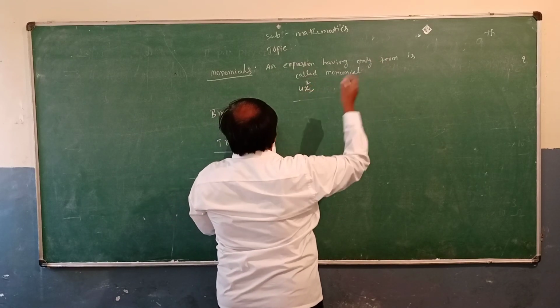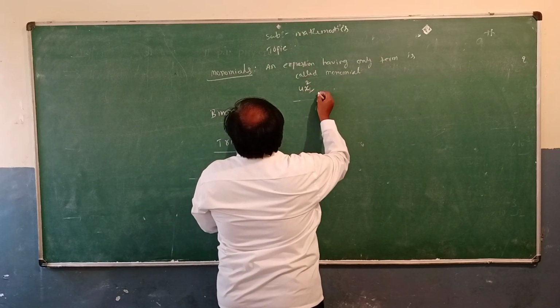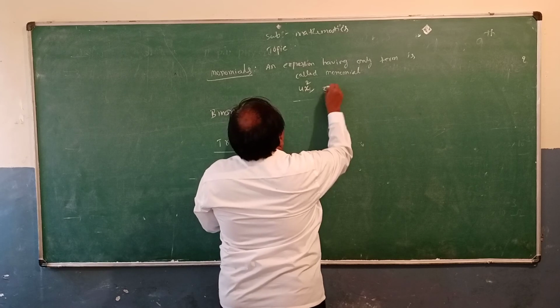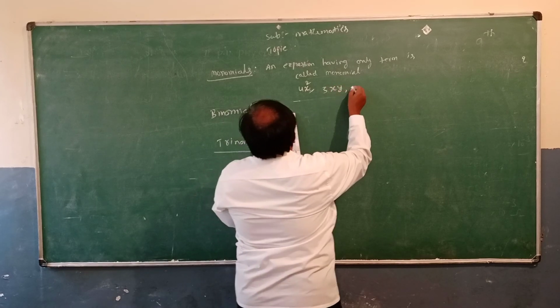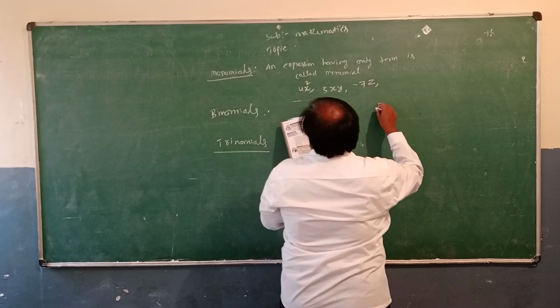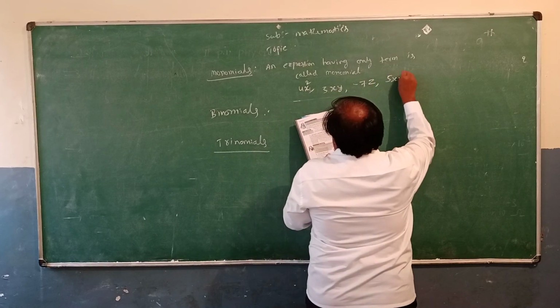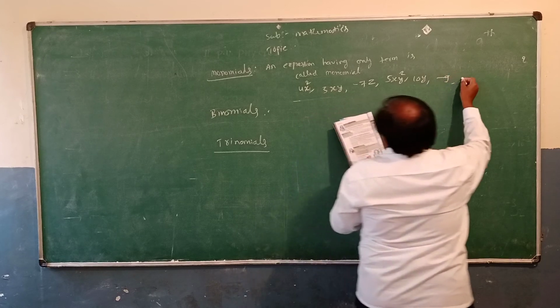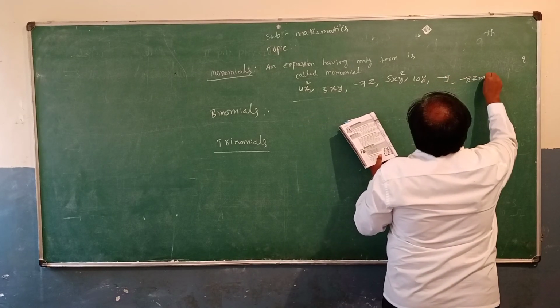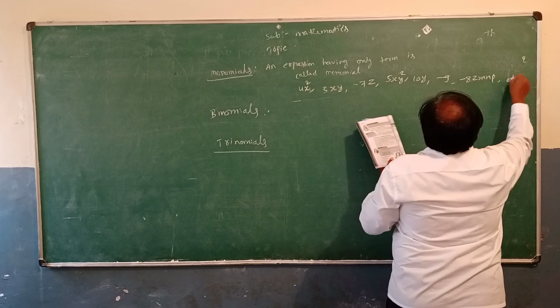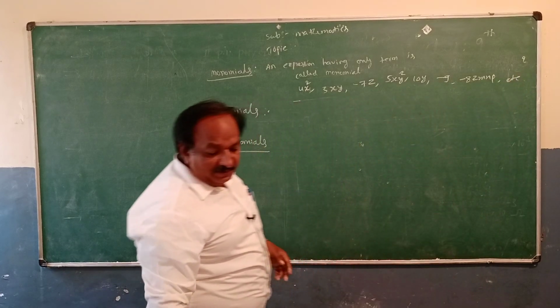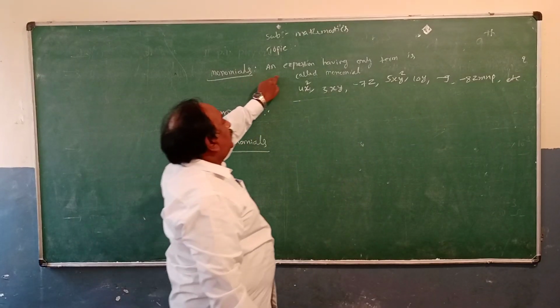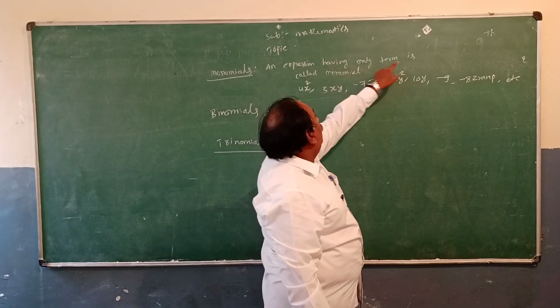Example: 4x square, 3xy, minus 7z, 5xy square, 10y, minus 9, minus 82 mnp, etc. Observe here, students, each has only one term.